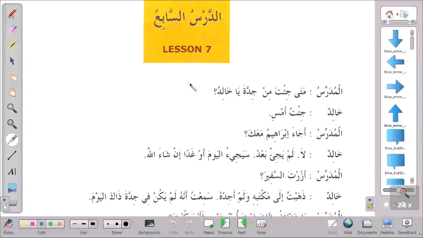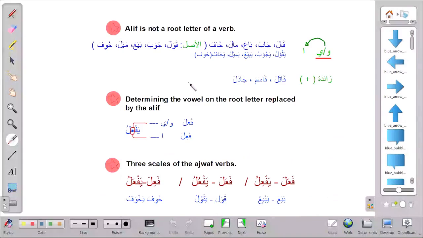So here there is a dialogue, but before we begin reading from the dialogue, I would like us to look at the basic explanation on these particular types of verbs before we come back to the dialogue. So please observe here. Here we have basic rules.